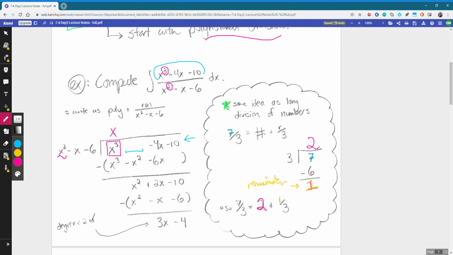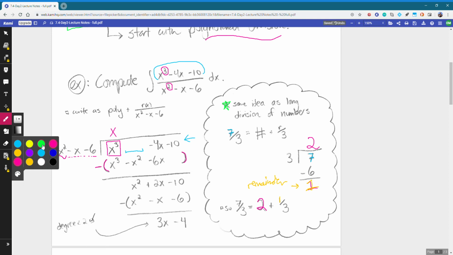All right, and so now what we're going to do is take this x and multiply it against the entire polynomial and put what we get underneath. So we'll get x times x squared, giving us x cubed, x times x, which is x squared, and then lastly, x times negative 6 gives us negative 6x. And just like before, with what we have underneath, we're going to subtract it. All right, so I like to do a subtraction with parentheses so we can remember that we're subtracting the whole thing.